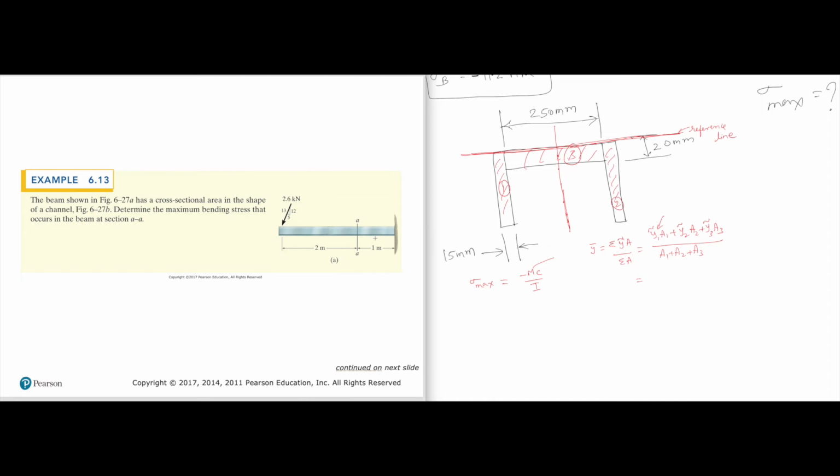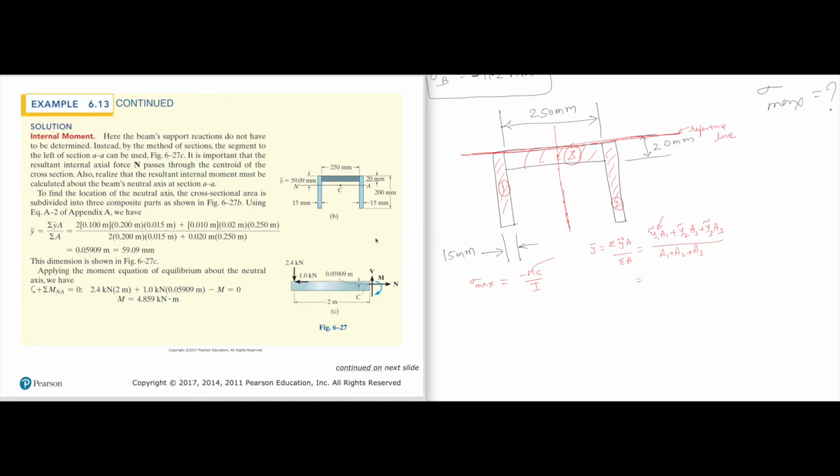I think I have to give you the length. Oh, it's 200. I forgot to give you the length. Okay. Now tell me, where is the centroid of the first shape? Somewhere here. How much is that? That will be 100 mm, right?